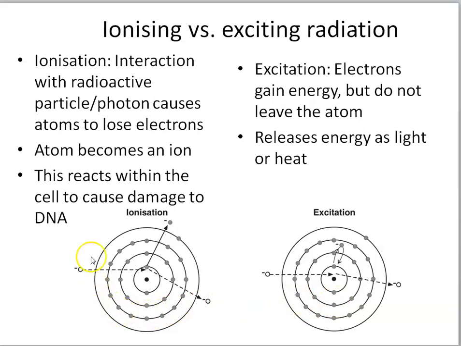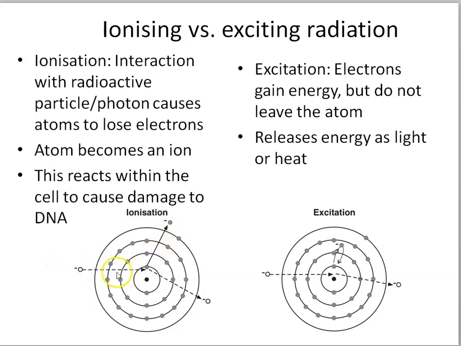What we want to do in radiotherapy is generate ionization, and one of the main things that gets ionized within the cells are water molecules, where we can effectively split water molecules into hydrogen radicals or OH radicals, and they can be highly destructive and damage DNA.